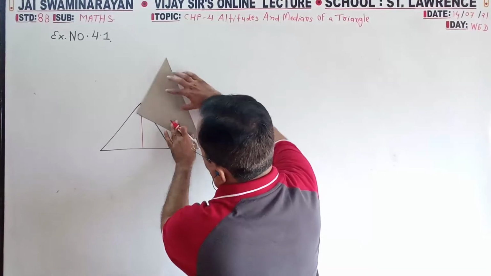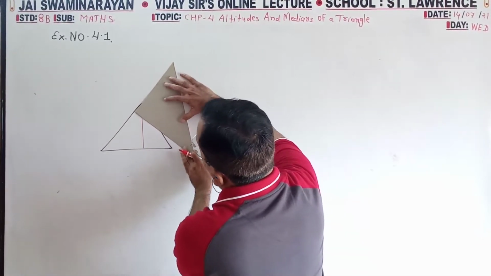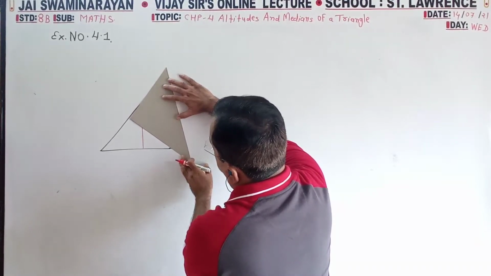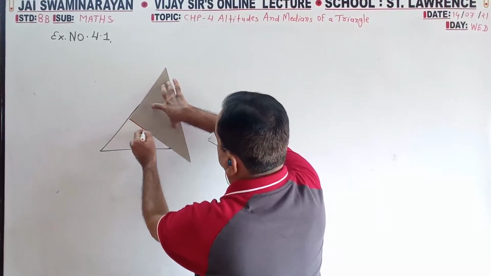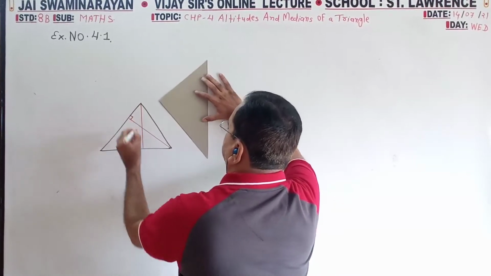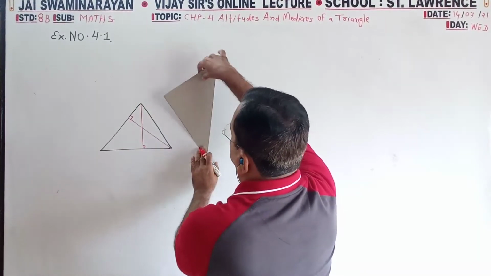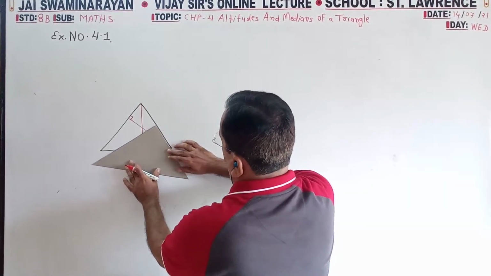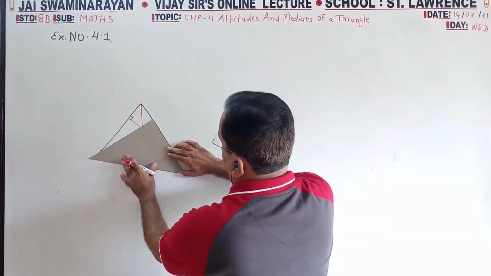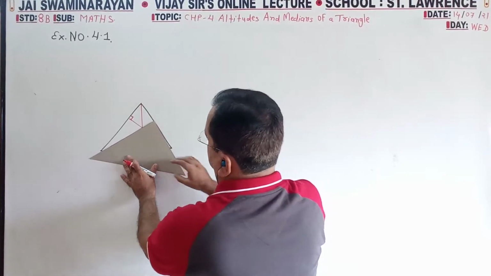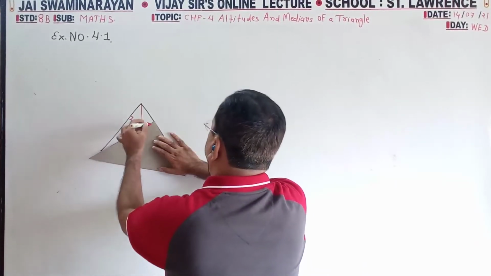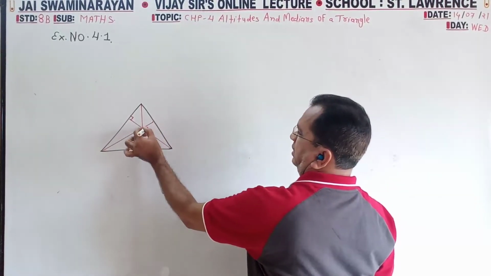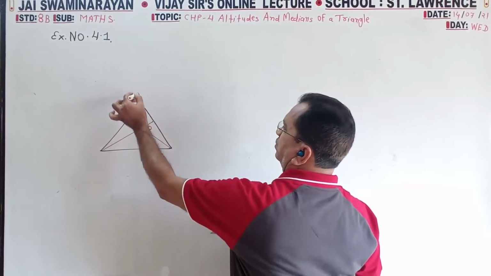Then again shift on this side. Just change the position. So this is 90, this is 90, and again from this line go ahead like this till this point. Correct. So all three are passing through O.